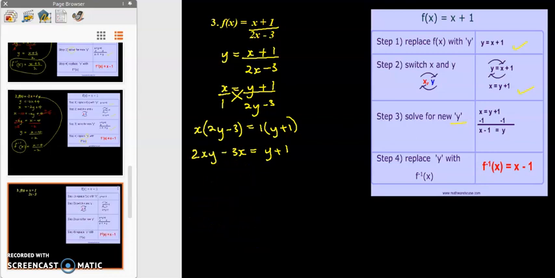The next thing we need to do is to get y on one side. We need to isolate y. So in this case, we're going to think of how we can get negative 3x to move to that side and the y to move to this side. So this would give us 2xy minus y, and we have a minus y because it was positive over this side.